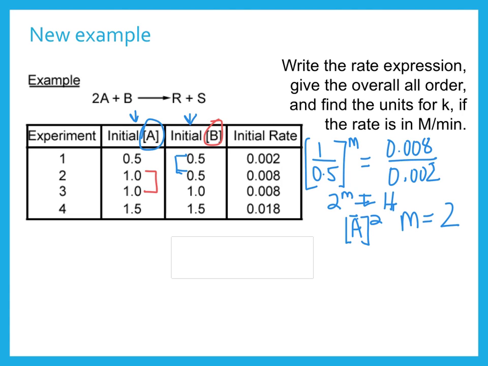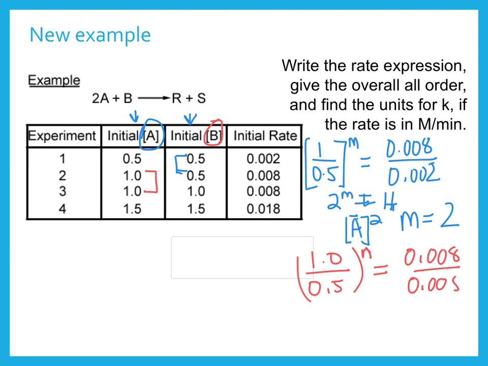So we can compare experiments 2 and 3. To find B, we're going to take 1 over 0.5, the whole thing raised to a letter, I'm going to choose n, and then it is going to be 0.008 over 0.008.